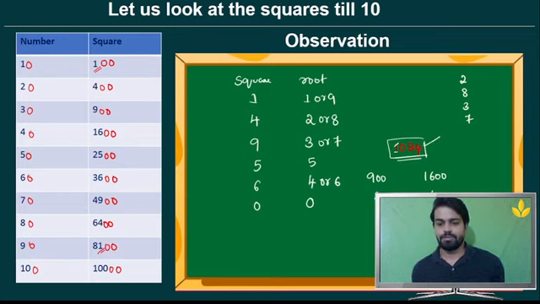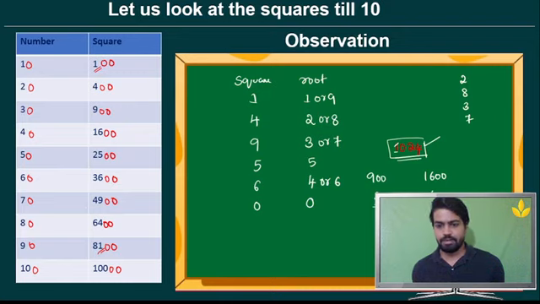If the number ends with 4, its square root might end with 2 or 8. So my answer may be any number between 30 and 40 ending with 2 or 8. There are only two numbers, 32 or 38. Now to verify exactly which number it is, we have a benchmark, that is 35. We know the square of 35 is 3 into 4, 12, so 1225.